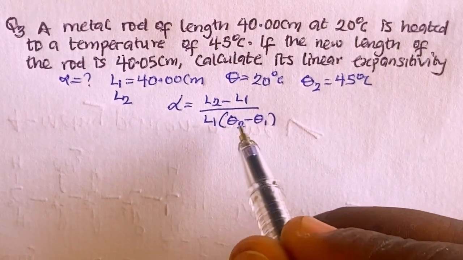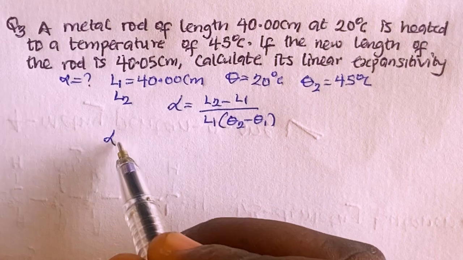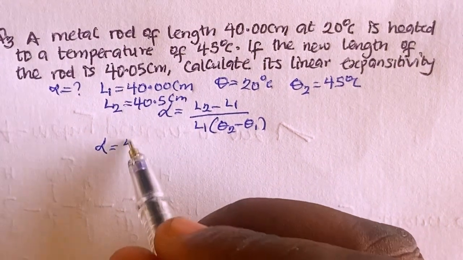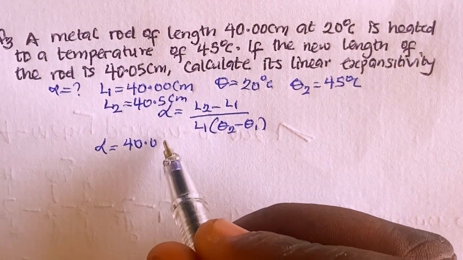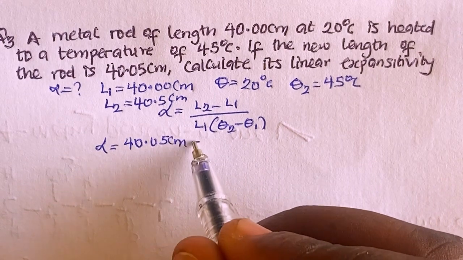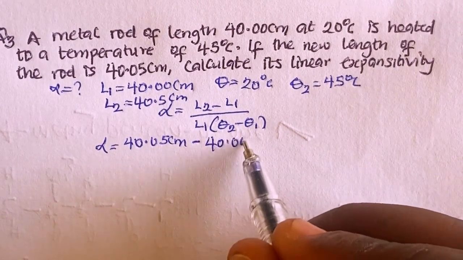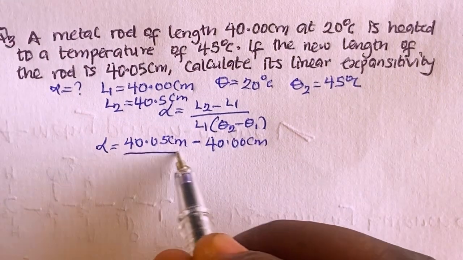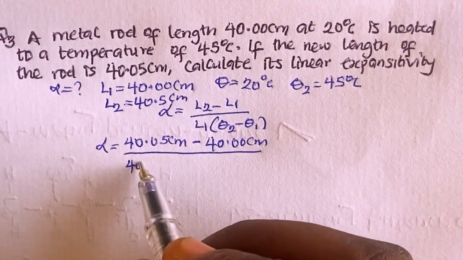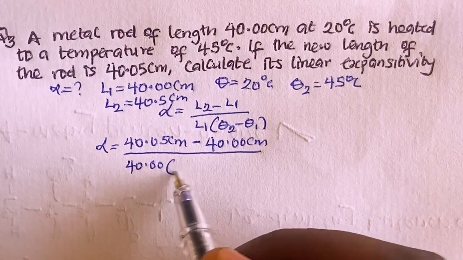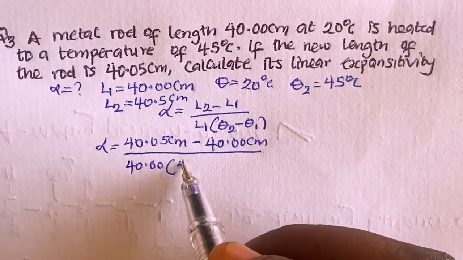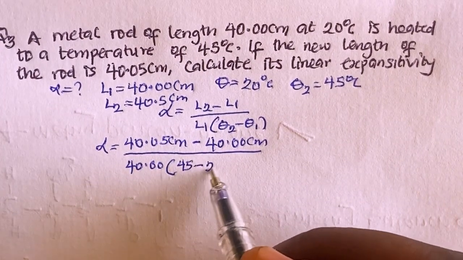Here alpha equals L2, which is 40.05 centimeter, minus L1, which is 40.00 centimeter, divided by L1, which is 40.00, into bracket 45 minus 20.